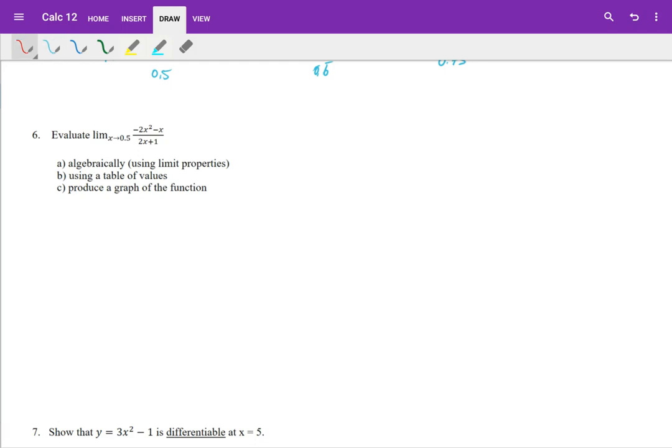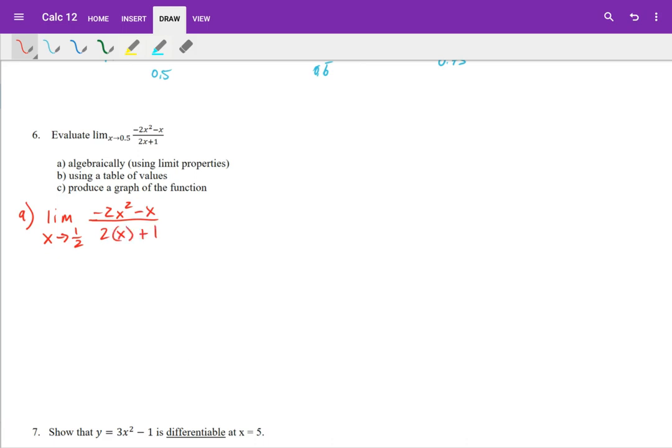Let's do this using algebra, right? Remember, when you're evaluating a limit algebraically, you just go ahead and plug in the value, right? So I'm going to go ahead and do a quick plug in and see what I get.